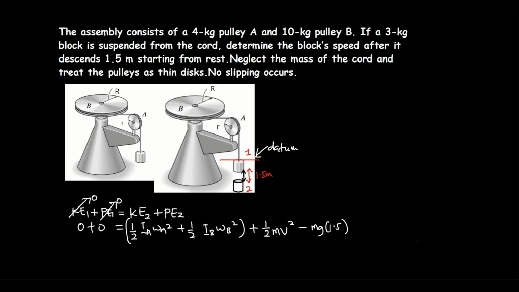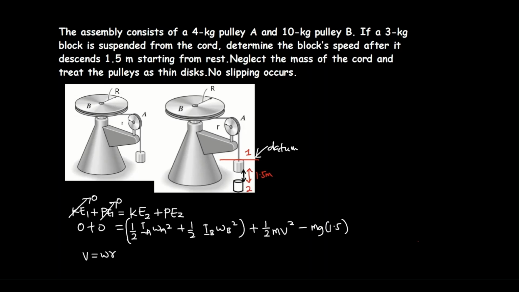Before we continue, let's look at something here. We know that linear velocity equals angular velocity times radius, right? But in this case, you've been told that no slipping occurs. What that means is that the rope is not going to be slipping from the pulleys, which means that it is kind of attached to the pulleys. So for this reason, the linear velocity at any point on the rope will be equal for both pulleys.